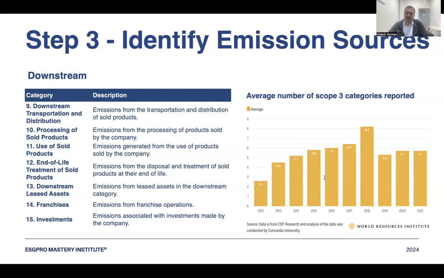Then comes the processing of sold products. How the person who received it is using your goods. So you might be sending patties and breads and cheese, right, to your franchisee. And now the franchisee unwraps that, puts everything together, heats it up.